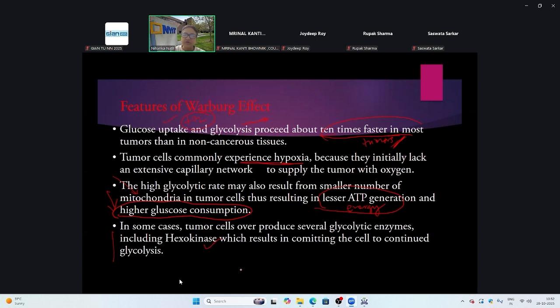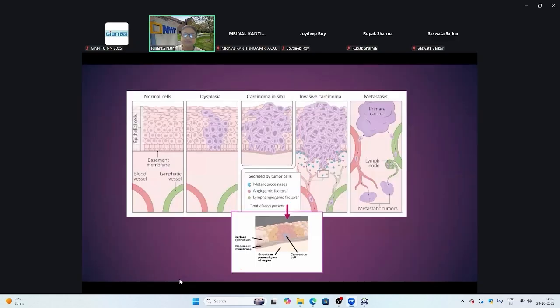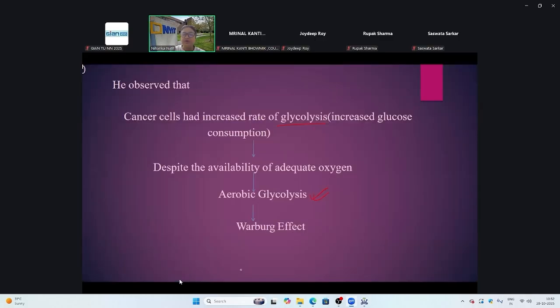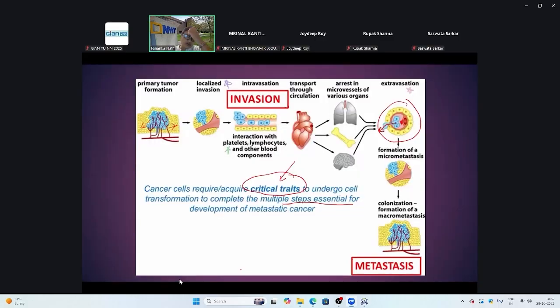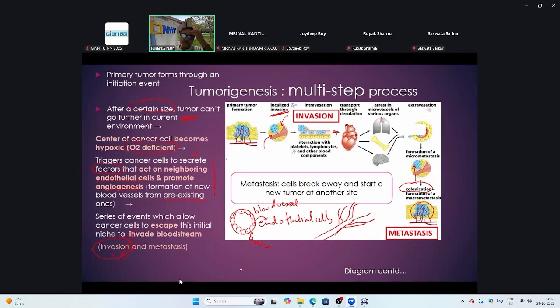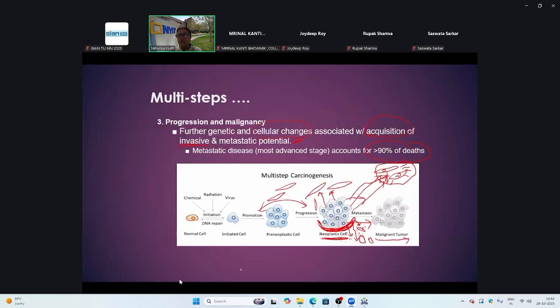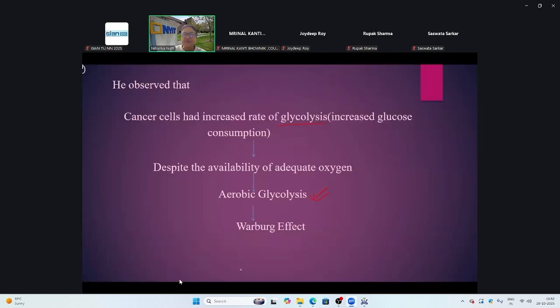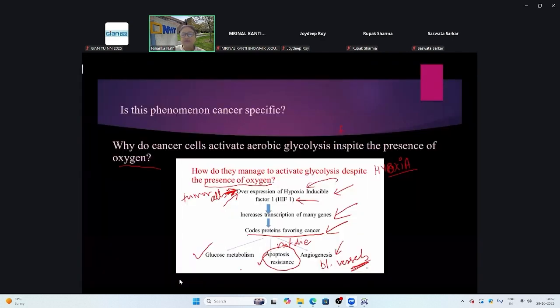So this is one of the major ways by which this whole process of progression takes place. It does not necessarily lead to metastasis, but progression means simply that it needs to survive better, it needs to figure out how to hijack the system, and it needs to make blood vessels.